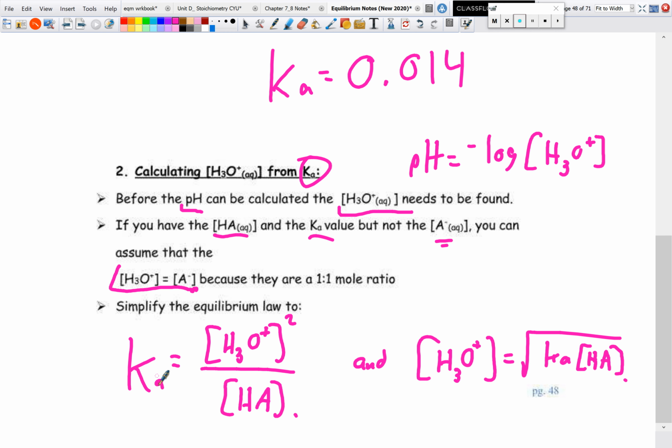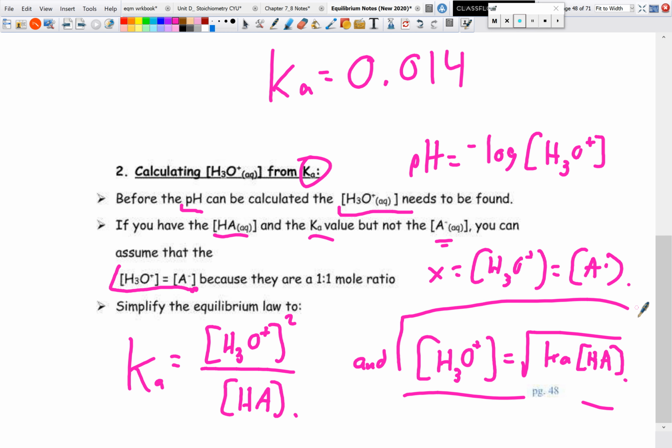Our equilibrium expression can go, because it's going to be x times x up top, so basically x squared, and we know x is equal to the concentration of hydronium. And that is also equal to the concentration of A minus. So that's how we can get x squared up on the top, and the acid is going to be on the bottom. If we rearrange and solve, we have to multiply both sides by this, and we'll get this expression right here. So now we have a way to actually calculate the concentration of hydronium if we're given the ionization constant for our acid, and we are given our acid concentration as well.